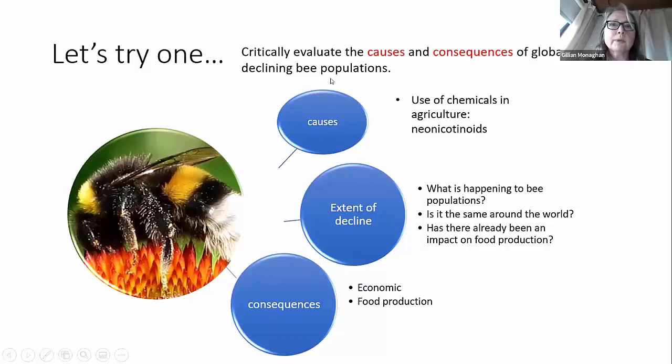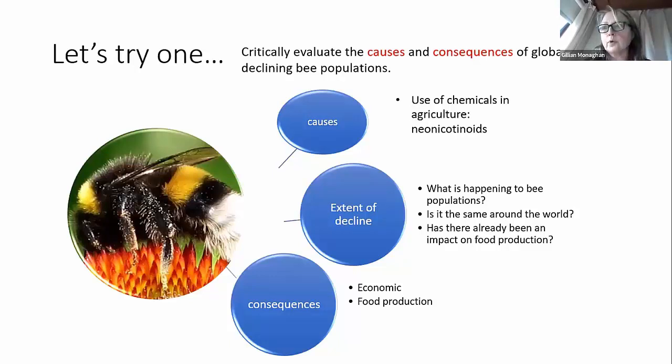So what do I know about declining bee populations? I know what I've seen in the media, what I've read in newspapers, what I've heard. I know that the chemicals that are used in agriculture are a problem. I know that there are other causes.